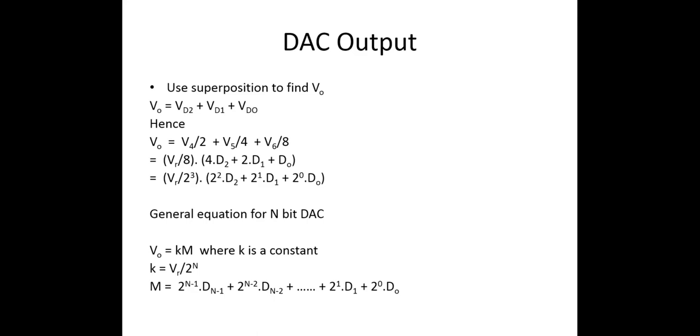These two offsets will generate a noise voltage at the output. So the value of K should be several times greater than the total offsets in the circuit in order to have a reliable output.